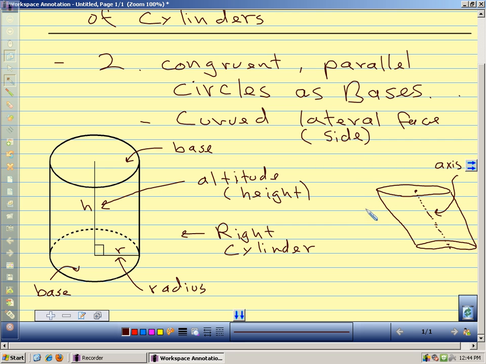And like we can do with parallelograms, triangles and trapezoids, on this cylinder my altitude can be outside the cylinder. So this is an oblique cylinder. Again, oblique just means slanted. So our altitude we can find outside the cylinder. Any questions on our parts?